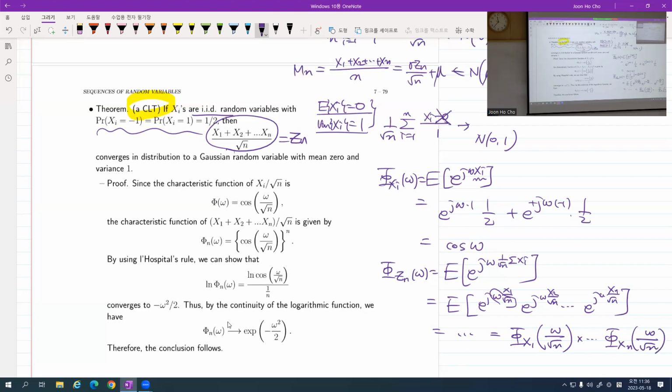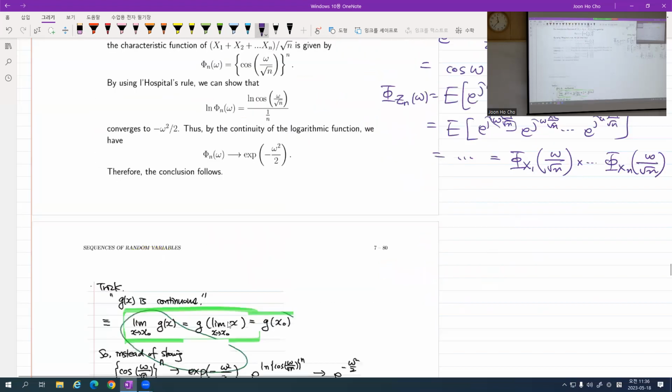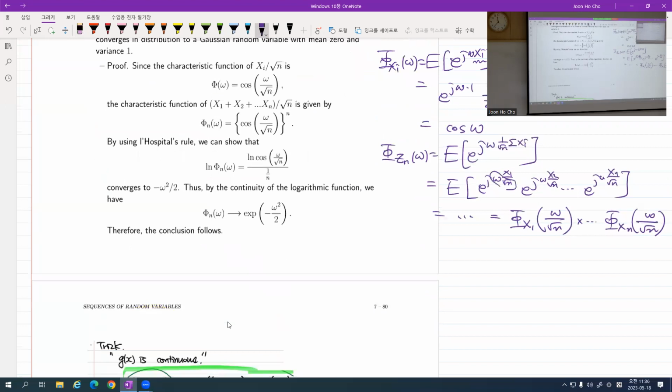Got it? Now you plug in this result to that one, and eventually you have what? Cosine of omega divided by square root of n, raised to the power of n. Got it? So your z sub n has this characteristic function, right?